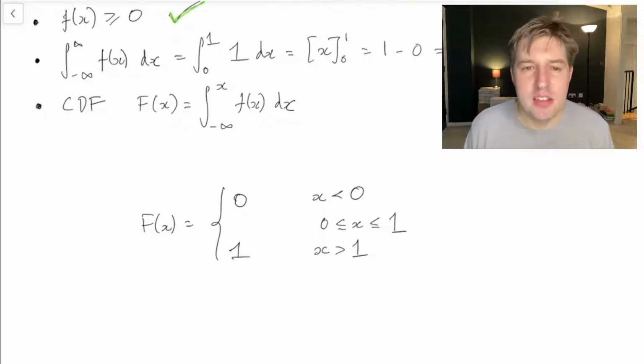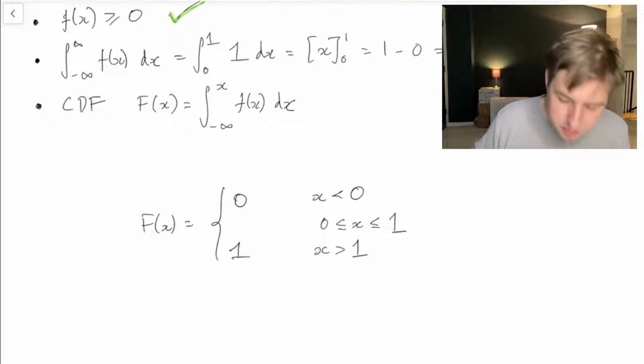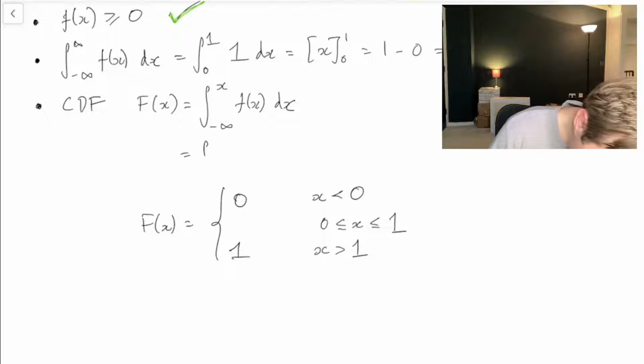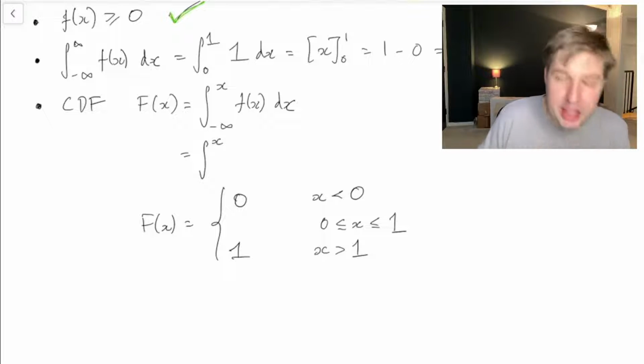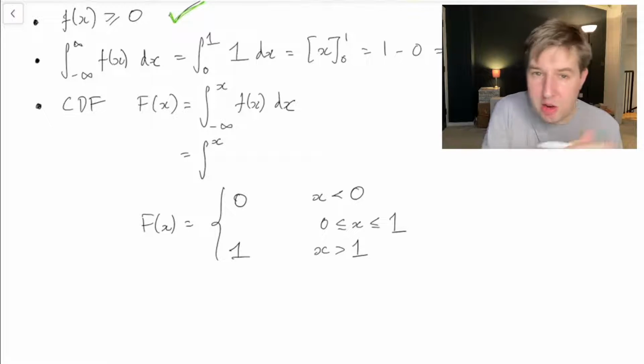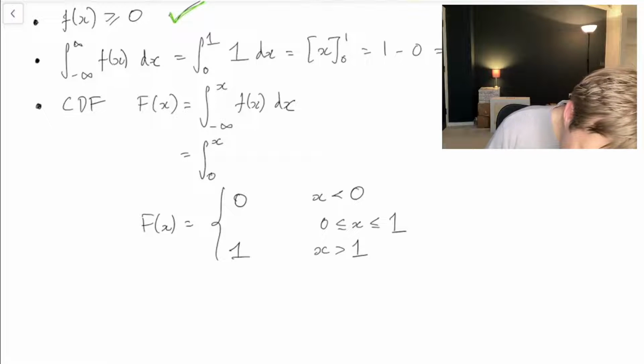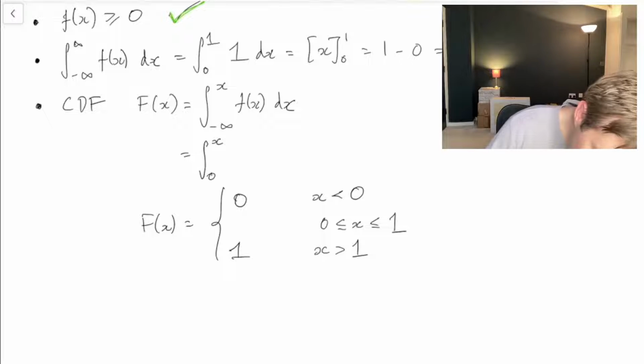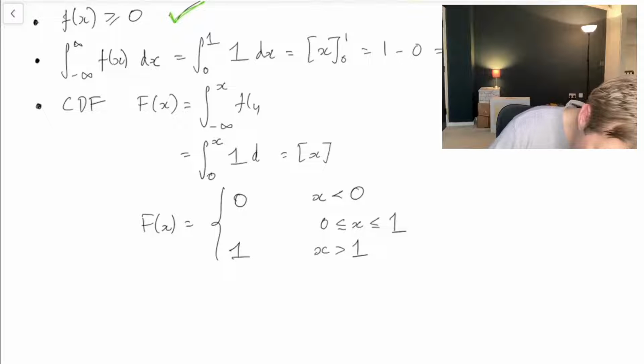So let's assume x is between 0 and 1. And this is going to be the integral from, well, again, the probability density function is 0 on all the negative numbers, so we can just start it from 0. And then the value of the probability density function is 1. The dx, so that's x. I shouldn't use x there, should I? It's bad notation. I should use a different letter.